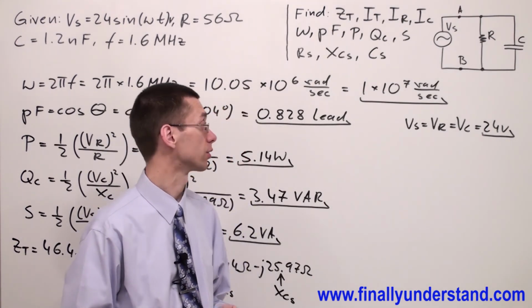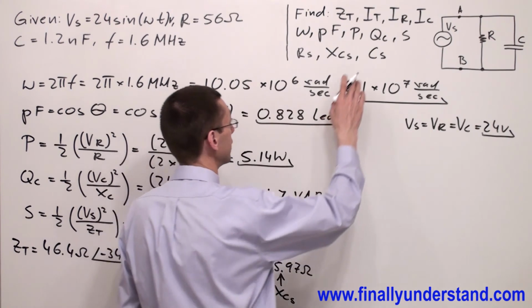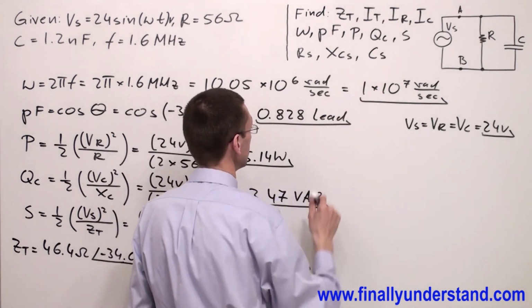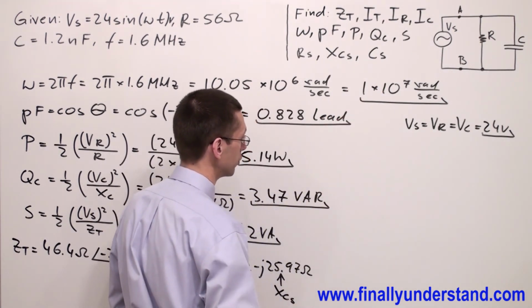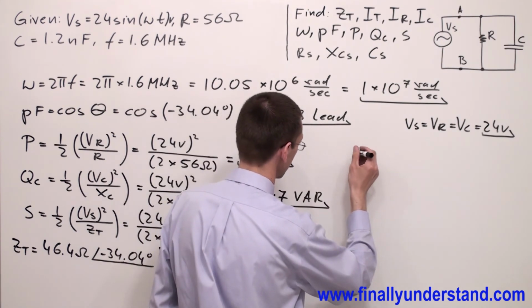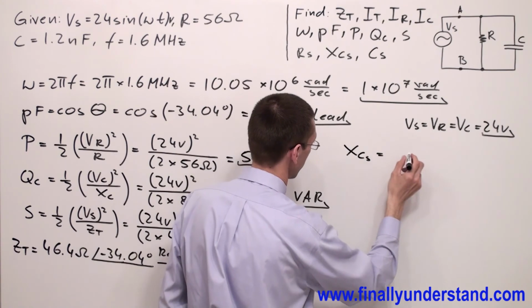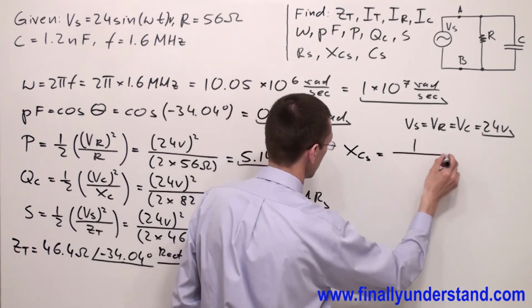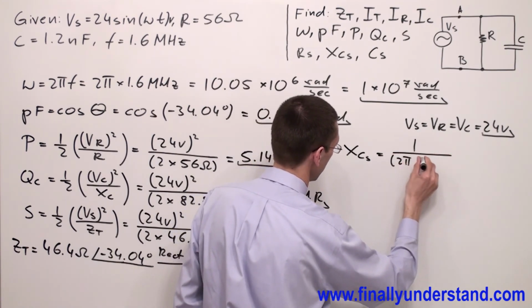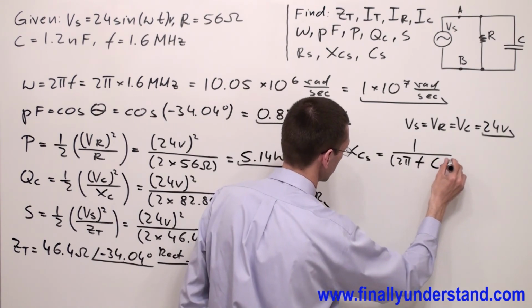Next, we're supposed to find the capacitance of the capacitor, which is going to be placed in my series equivalent circuit. In order to find the capacitance, C_S, I'm going to use the formula for the capacitive reactance. So X_CS is equal to 1 over 2 pi f C_S.